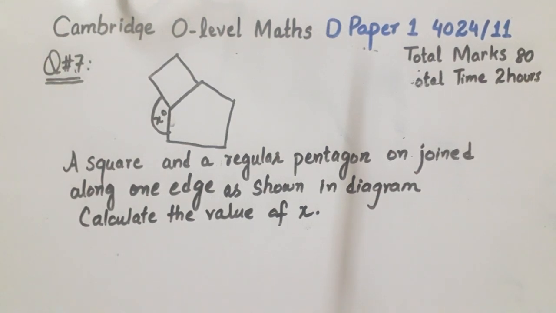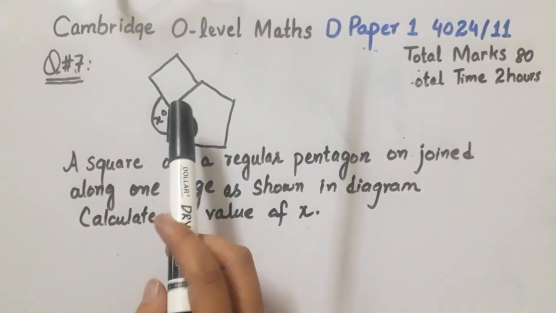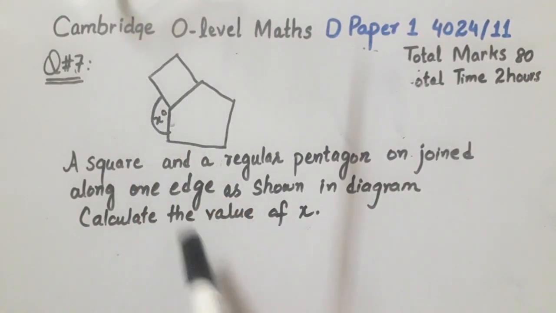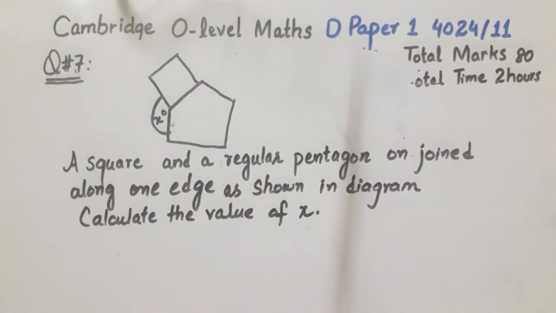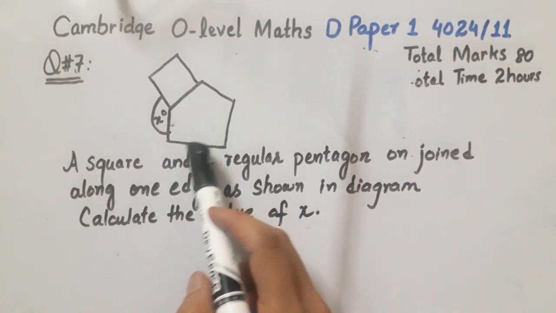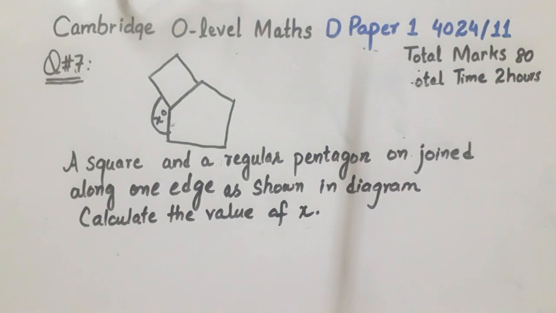First of all, you know that each angle of a square is 90 degrees. And a regular pentagon has 5 sides. We first find out its interior angle, then we will find out the exterior angle.